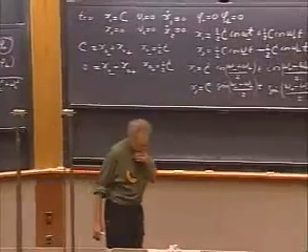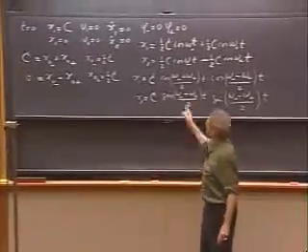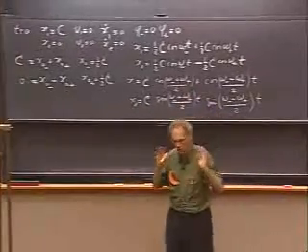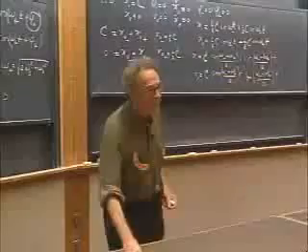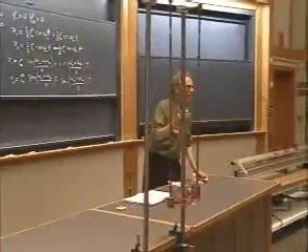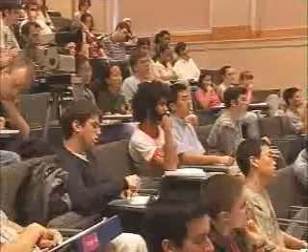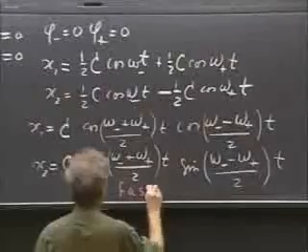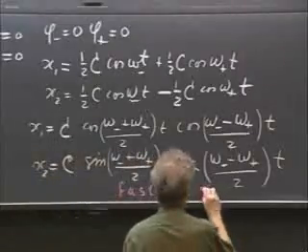Now, imagine in your mind that these two frequencies are not too far apart. Then, these equations have the smell of what? Beats. This here is the fast term, this one and that one. And this one is the slow one.